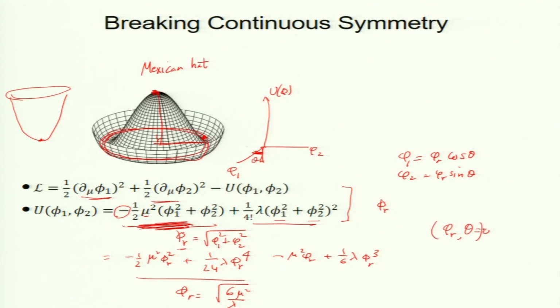I may choose theta equal to 0, the stable solution. Now, here my symmetry is broken. Why? Because my Lagrangian is symmetric under theta transformation, independent of theta, but my solution is one theta. So, this is symmetry breaking.